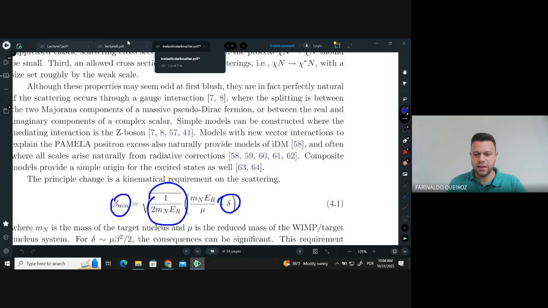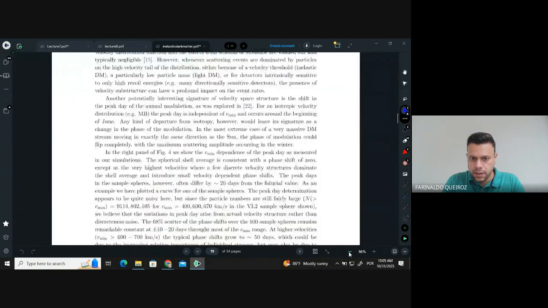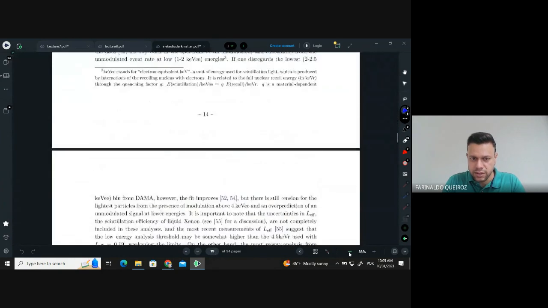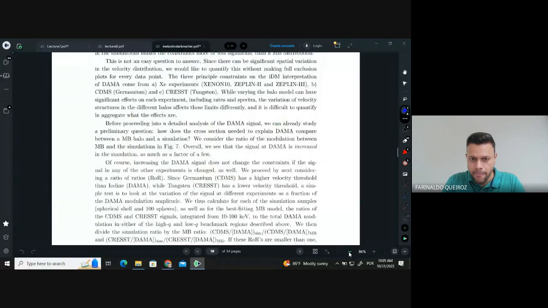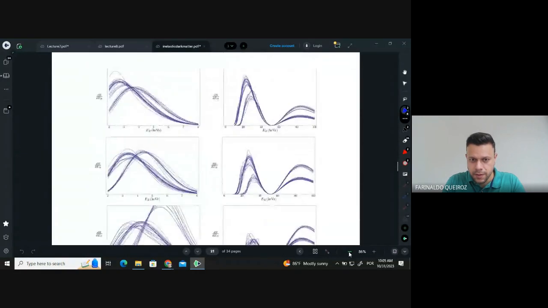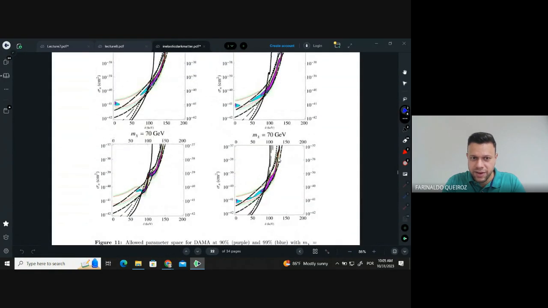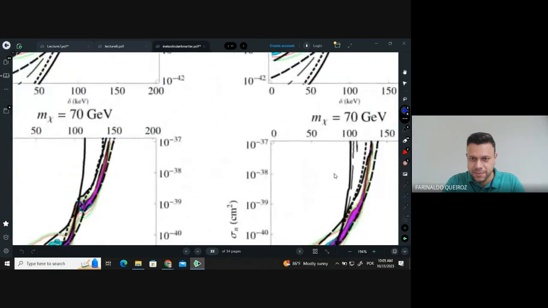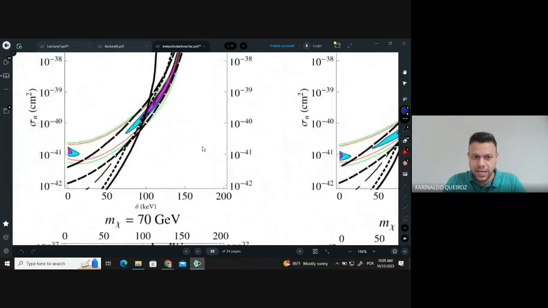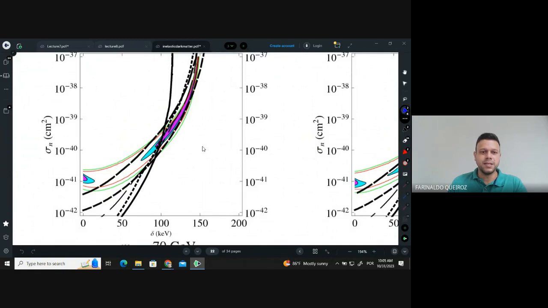And then let me see if they have the figure here. Let me show you when you take that into account. Where is it? Here. Look how fine-tuned it is. So they changed delta, the mass splitting, and now there is a region here which survives the limit. It's really fine-tuned.